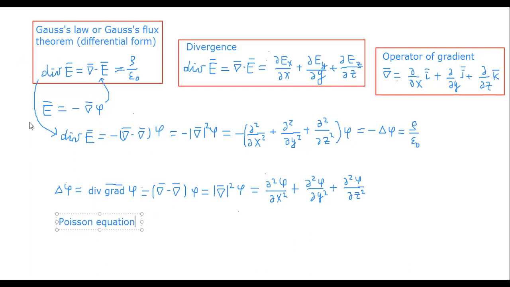According to this equation, the Laplace operator of phi is equal to rho, density of electric charge, divided by epsilon 0. Epsilon 0 is electric constant.